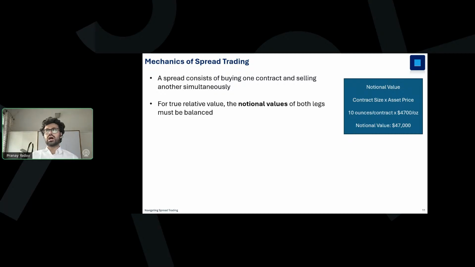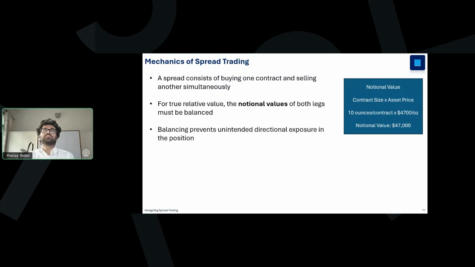With gold prices around about $4,700 an ounce as of today, that gives you a notional value of $47,000. Hoping that gives you a bit of a clear picture on what notional value is. It's essentially just what you have exposure to when you're going long on micro gold. When you're going long on micro gold, you're going long on $47,000 worth of gold prices.